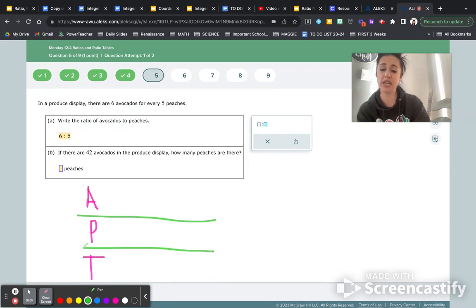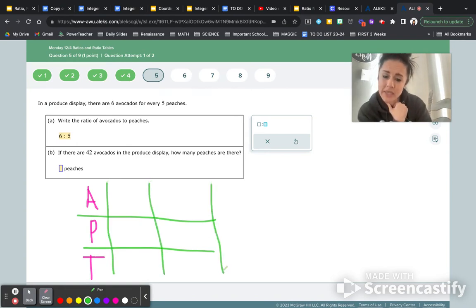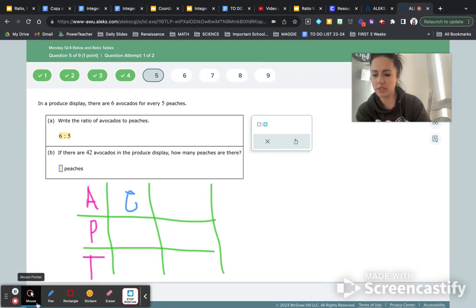I apologize. I have to draw with my fingers on my computer trackpad. So it is definitely not as cute of handwriting as what I'm used to trying to do for you guys. Okay. So in this example, we have 6 avocados. That's horrible. Can I undo that? I don't even know what happened there.